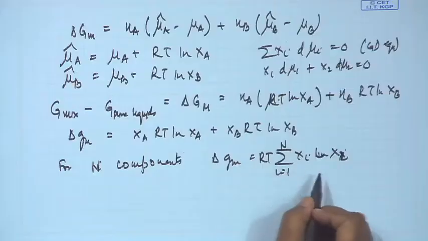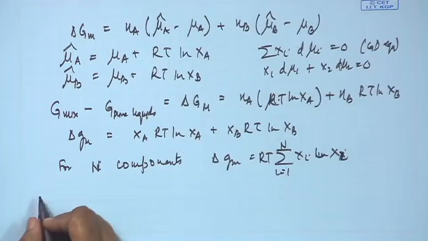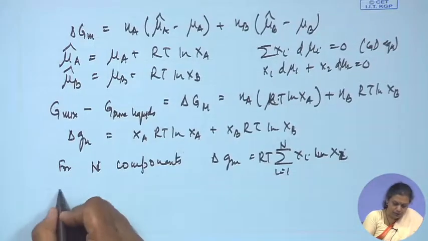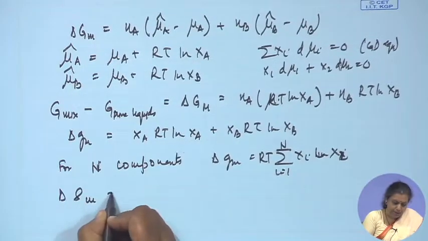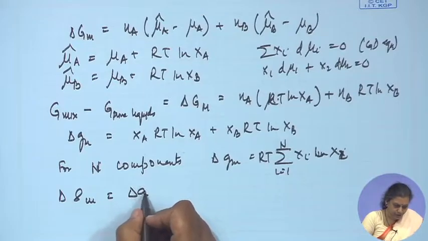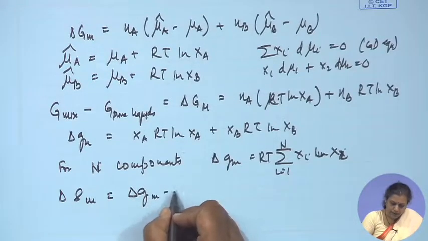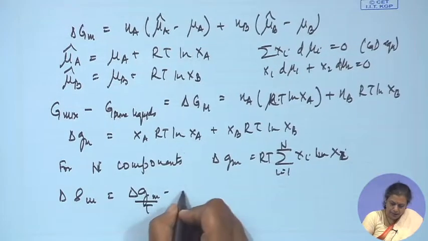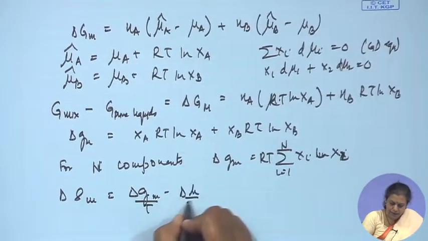So, if delta G m is this, what about delta S m, the entropy change of mixing? We know delta S m should be equal to delta H m by T minus delta G m by T, isn't it?